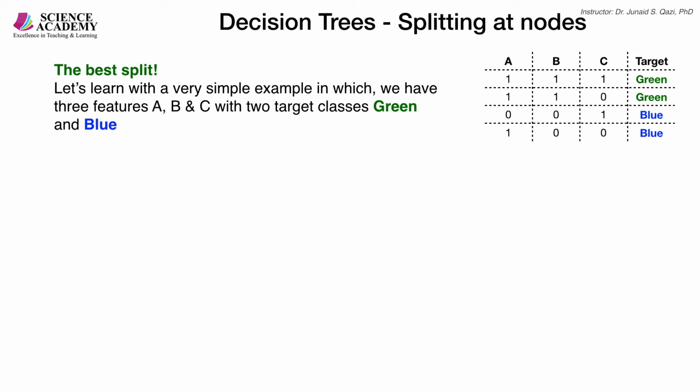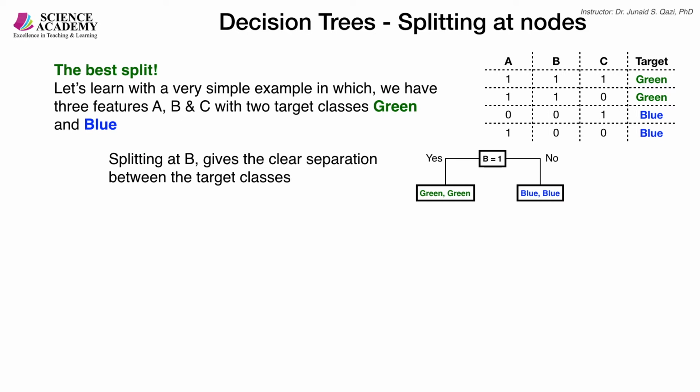If we look at B, it has 1 for the green class and 0 for the blue class. As we see in the tree on the right side, splitting at B gives a clear separation between the green and blue classes. Let's go into a little more detail and create a table to see how this splitting is working.